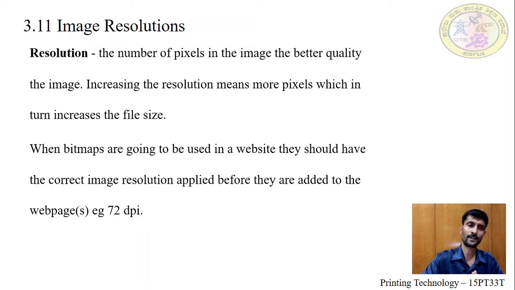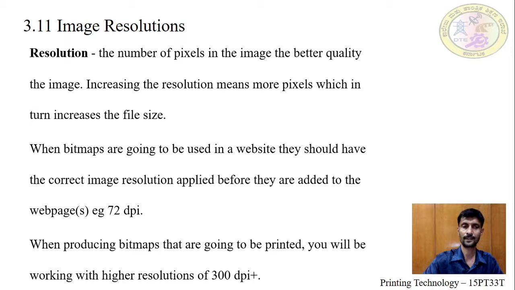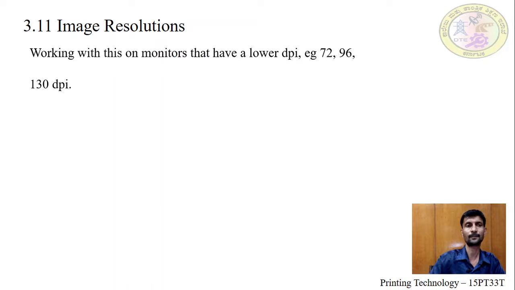Normally 72 dpi is used for web pages. When producing a bitmap that is going to be printed, you will be working with a higher resolution of 300 dpi. If the bitmap is going to be printed, the resolution of the image should be 300 dpi minimum. Then only you will get the proper output.